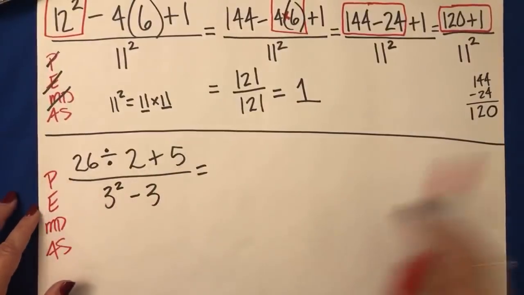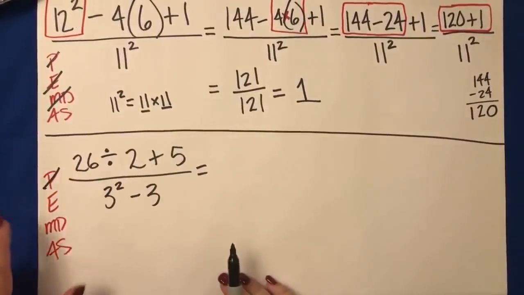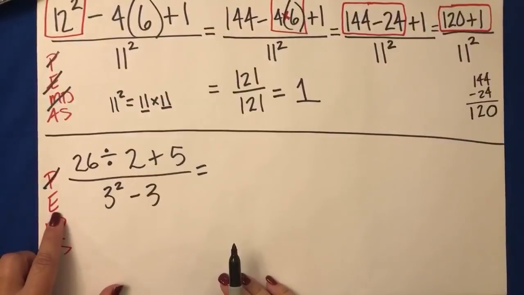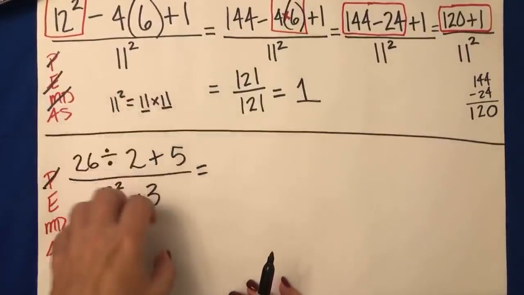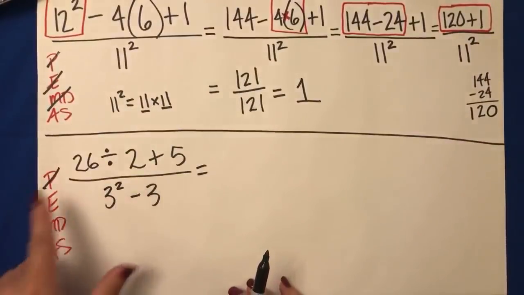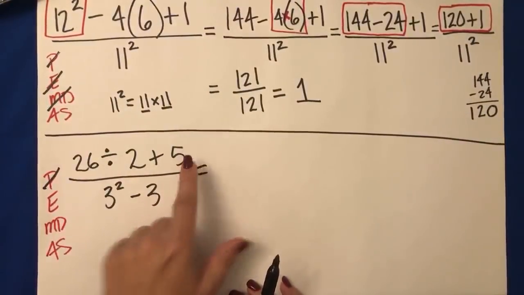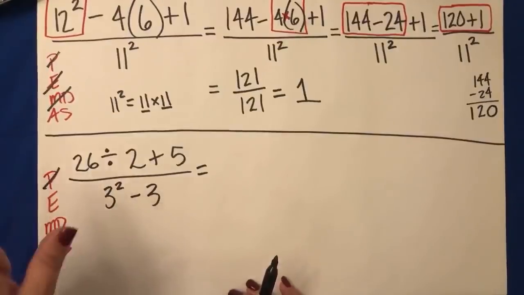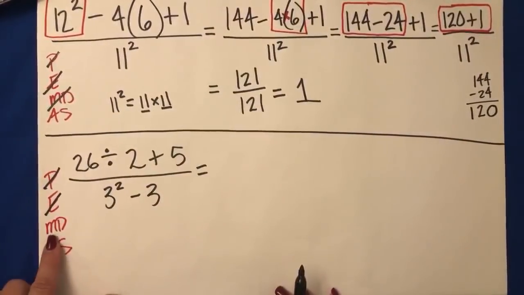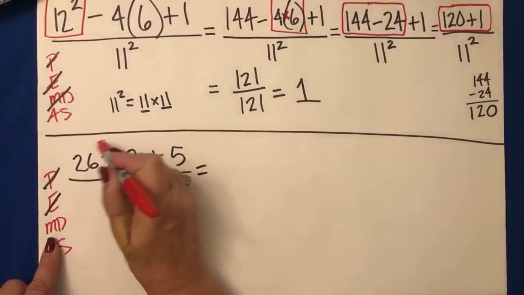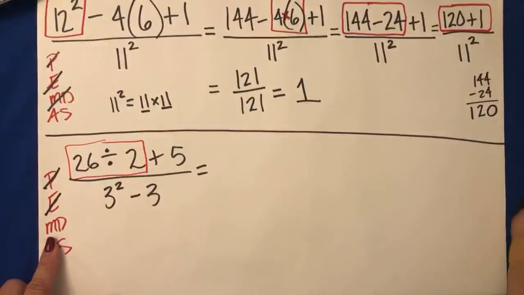So when you look at this, there's no parentheses, so I'll cross that out. There are exponents, but I'm solving only what's on the top first. We don't want to jump back and forth. In order to get it right, let's do the top part first, and then we'll do the same steps along the bottom. So I don't see any exponents right now on the top part, so I'm going to move right to the next step, which is what I just saw, 26 divided by 2.